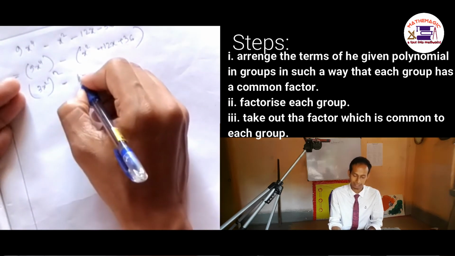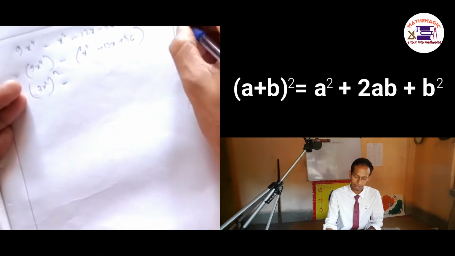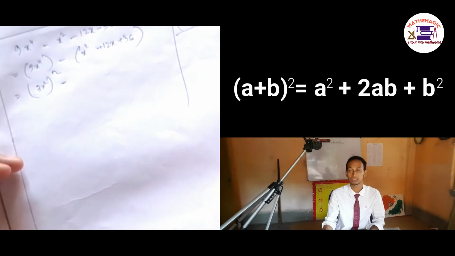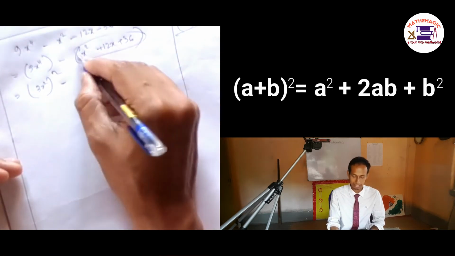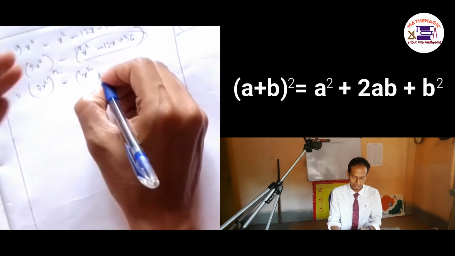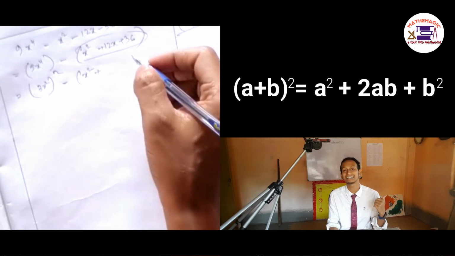And for the second term, as I told you, the formula I want to use is the a plus b whole square formula, a square plus 2ab plus b square. That identity was there, and this pattern is the same here. If you are not able to understand, I am just separating it. How to separate it, you have already learned in class 8.